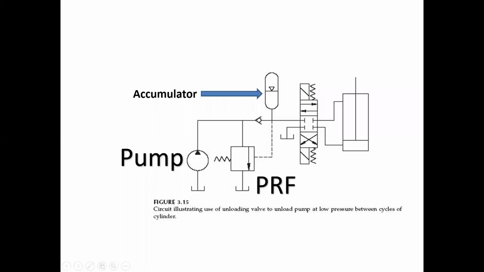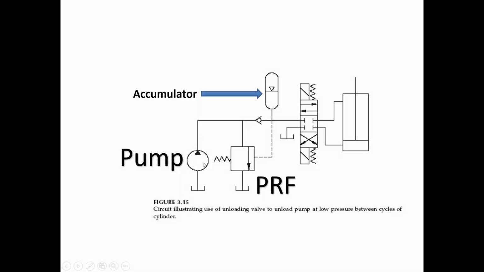Here in this circuit diagram, you can see where the accumulator is connected. The accumulator is connected at the high pressure side of this hydraulic system. Which is the high pressure side? The high pressure side has the pump. This pump is connected to the direction control valve, and this valve is connected to the actuator, which is a piston cylinder.